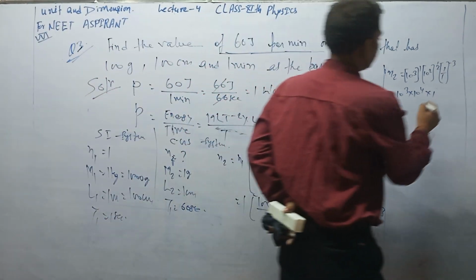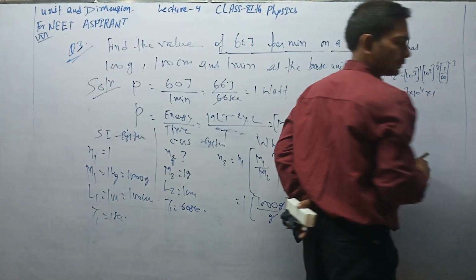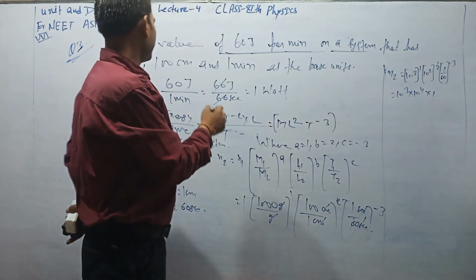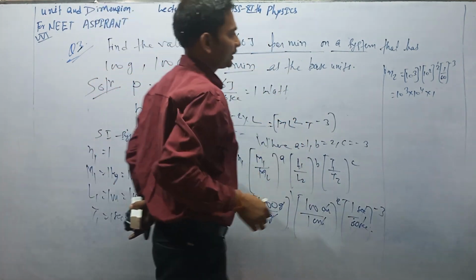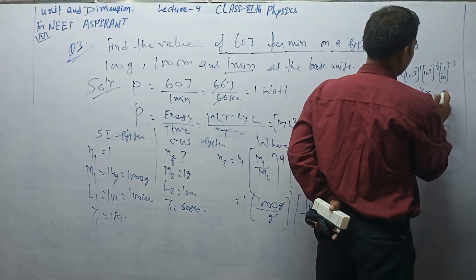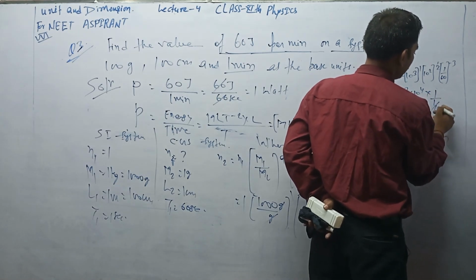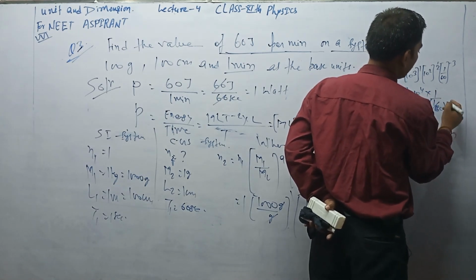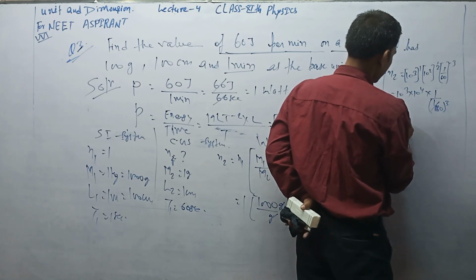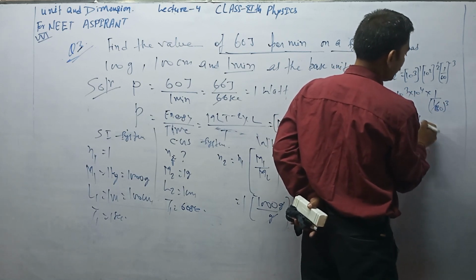Here, 60 seconds is given. In terms of minutes, that means 1 minute is 60 seconds, so 60 to the power 3, so 10 to the power 3 into 10 to the power 4.